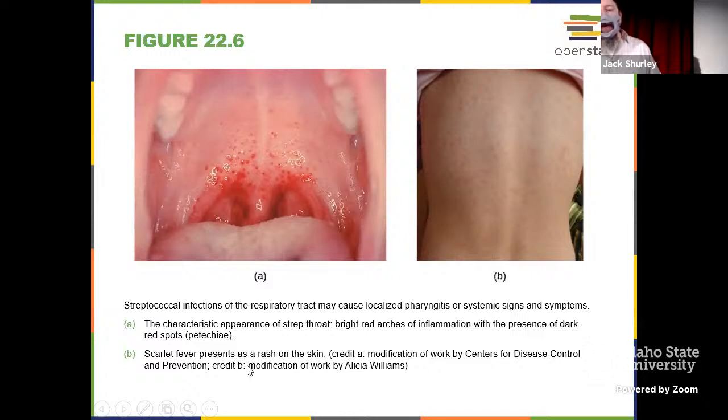So scarlet fever is a rash that can be a secondary consequence or sequelae to the initial infection with strep throat. And with that said, you can see here now it's not just localized to the throat. You see this rash that's spread to the body, oftentimes the trunk, covered with this rash.